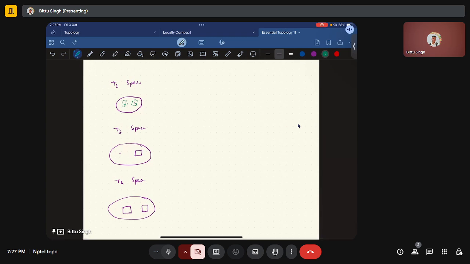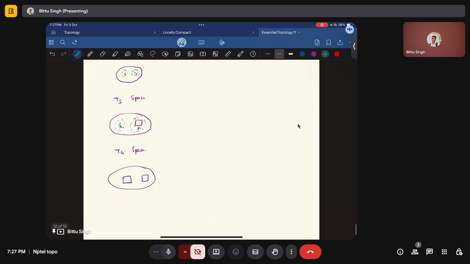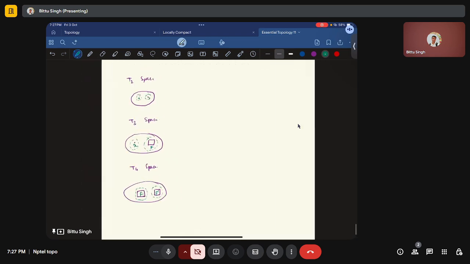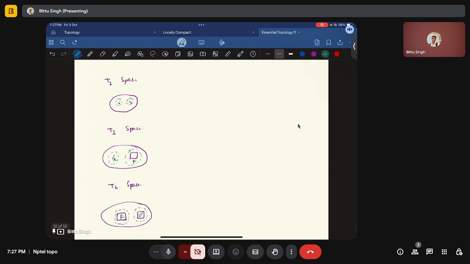And for a T3 space, for a point x distinct from a closed set F, there should exist two neighborhoods separating the point x from the closed set. And for a T4 space, for any two closed sets F and F dash, there should exist two open sets containing F and F dash, separating those two closed sets.